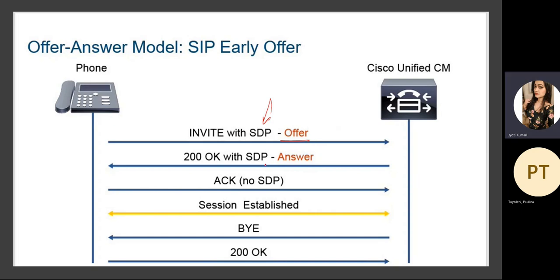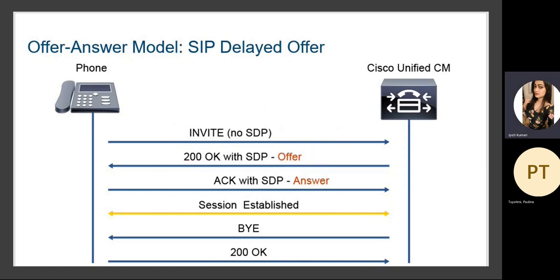OK is sent with SDP as the answer. Acknowledgement is sent with no SDP required, because the description has already been exchanged. So the Session Description Protocol has done its task in the invite and the OK message, and the description of the call has been exchanged. So in the acknowledgement, no SDP is required and the session is established.